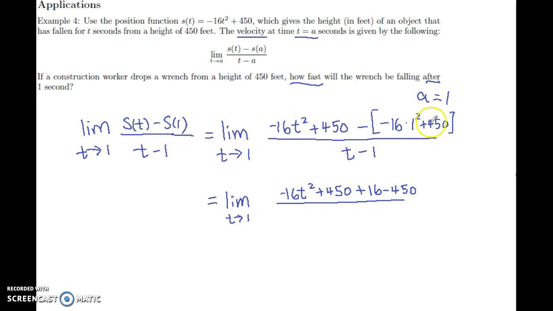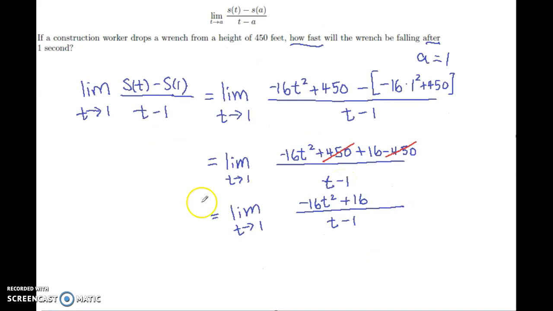You see the 450 and the 450 here cancel. Over t minus 1. So we're looking for the limit of negative 16 t squared plus 16, divided by t minus 1.